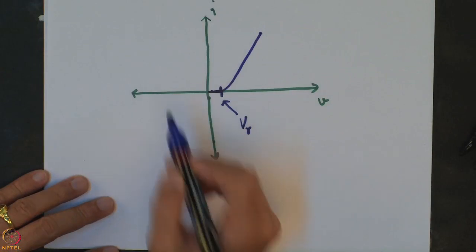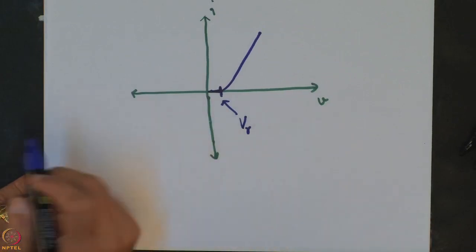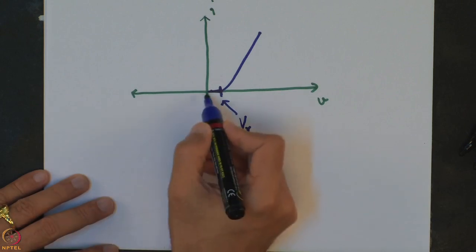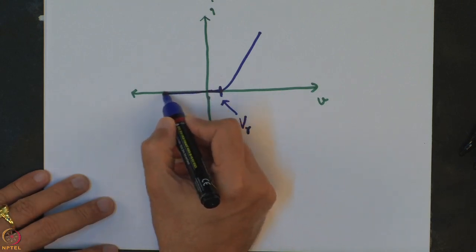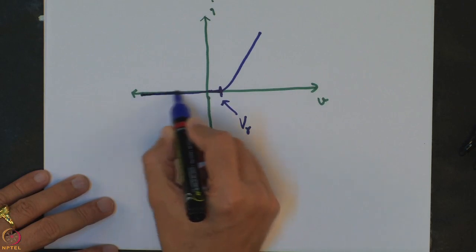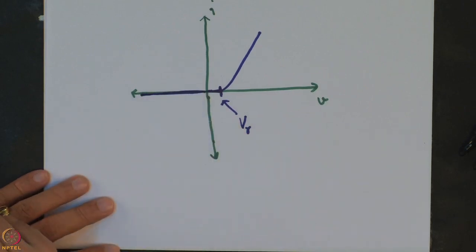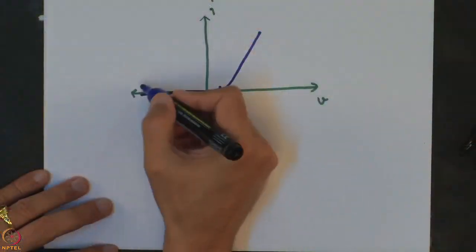Now in the reverse bias case, where a negative voltage is applied across the Pn junction, as you can check from the polarities of the battery connected there, there is no possibility of any current flowing. So the current remains 0. After a certain threshold voltage on the negative side, there is a sudden current that builds up in the negative direction. This follows the same phenomenon we discussed some time back about the breakdown of the Pn junction when a large reverse voltage is applied.